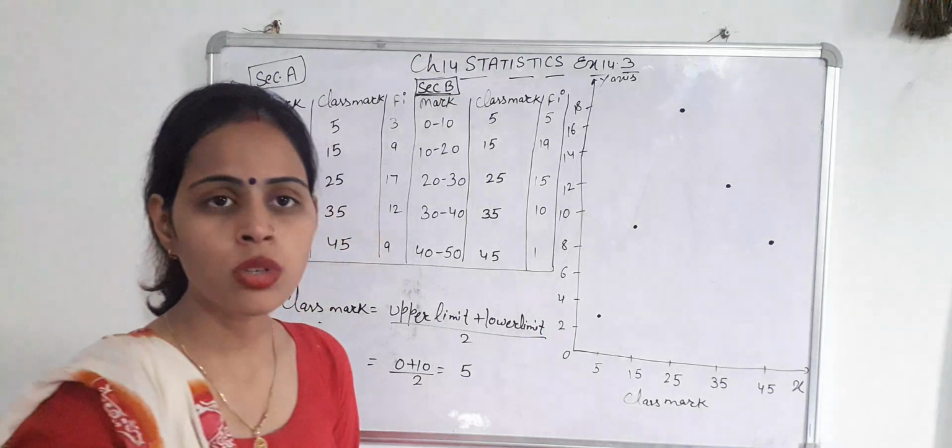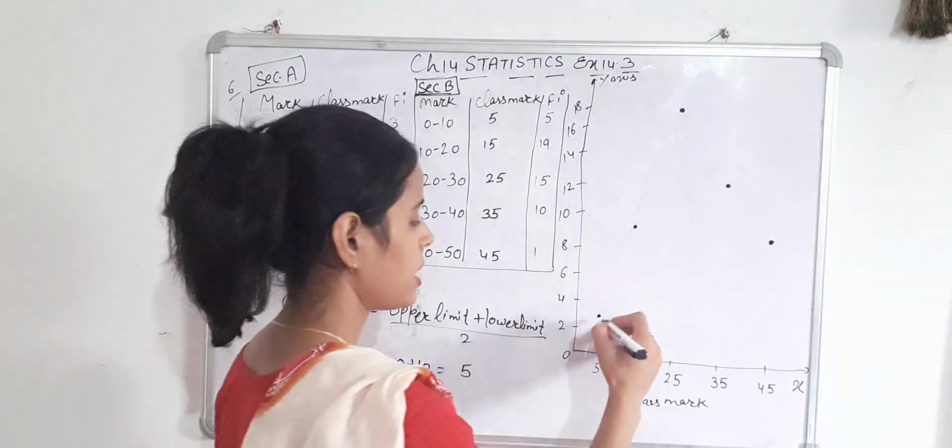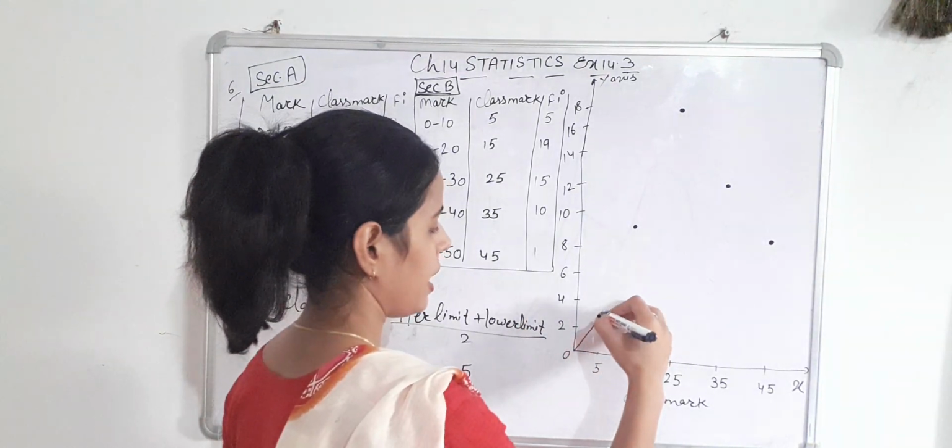Now join the dots with freehand for the frequency polygon of section A.